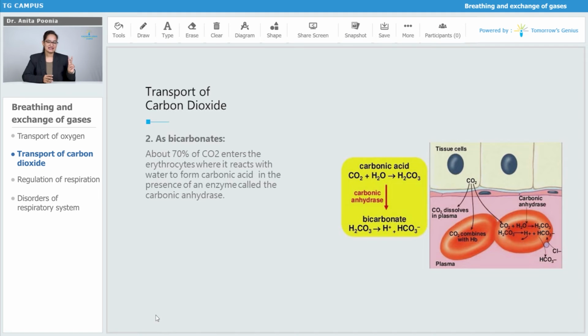Now talking about the second type, the transport of carbon dioxide as a bicarbonate. About 70% of carbon dioxide enters the erythrocytes, the blood cells, where it reacts with the water to form carbonic acid in the presence of an enzyme called carbonic anhydrase.